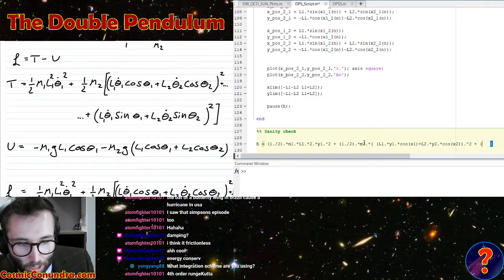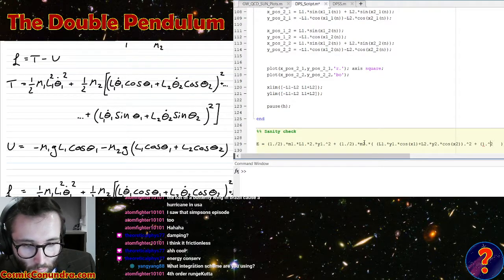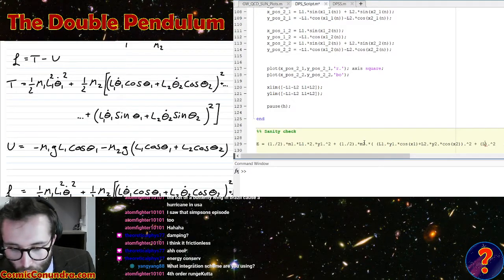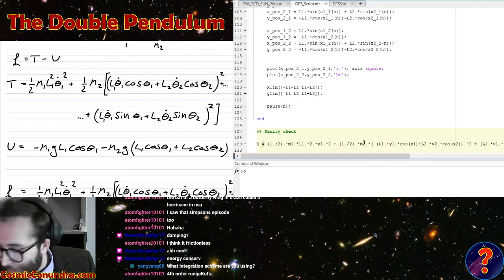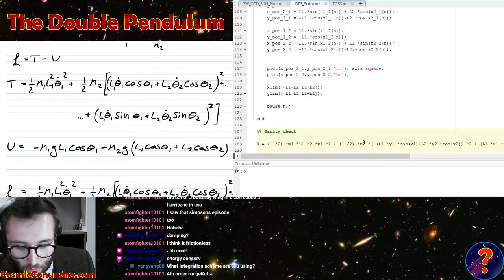Then the second bracket has L1 times theta1 dot, which is L1 y1, times sine of theta1, which is sine of x1, plus L2 theta2 dot, which is y2, times sine of theta2, which is sine of x2.